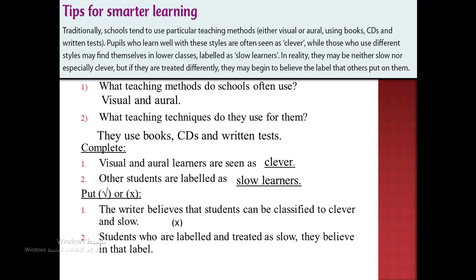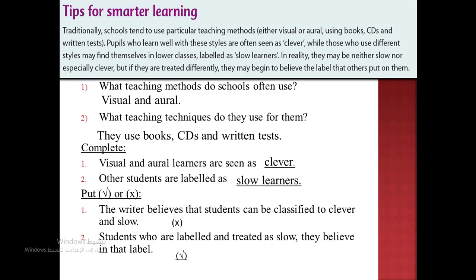Number 2, students who are labeled and treated بمعنى يتم التعامل معهم, and treated as slow, they believe in that label. بيؤمنوا بالتصنيف أو بالمسمى المطلق عليهم. What do you think? Is it true or false according to the paragraph? Yes, it's true.